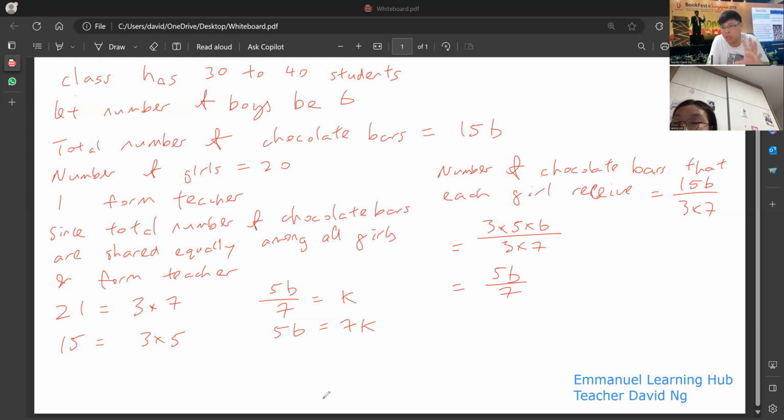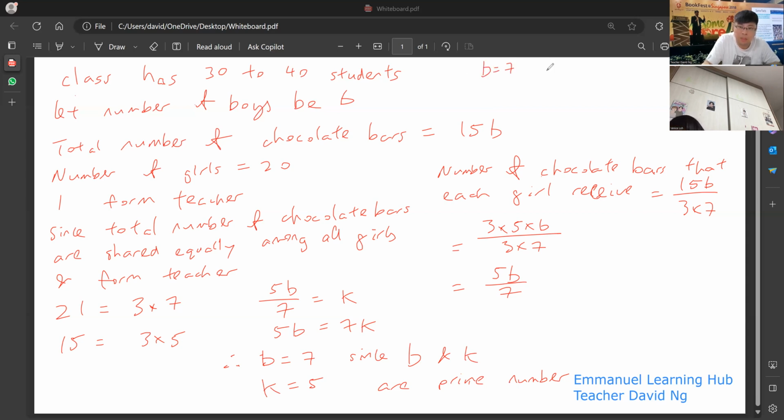Your B and K must be nice numbers, right? So you can deduce B is 7, K is 5. Understand the logic? Yes. So if B is 7, K is 5, right?